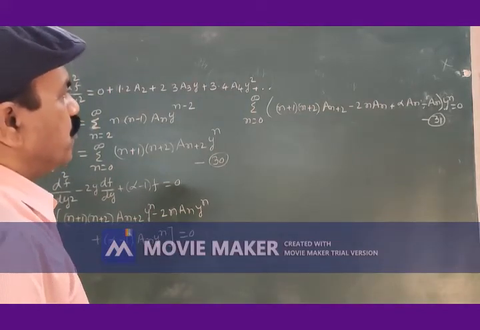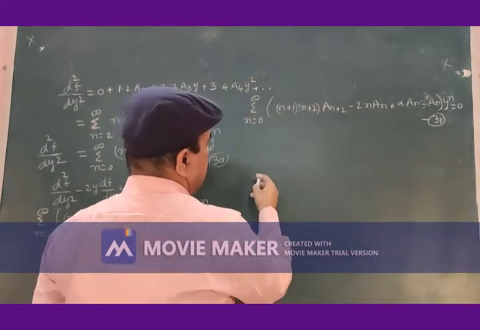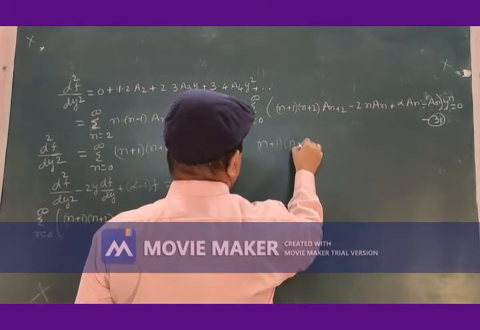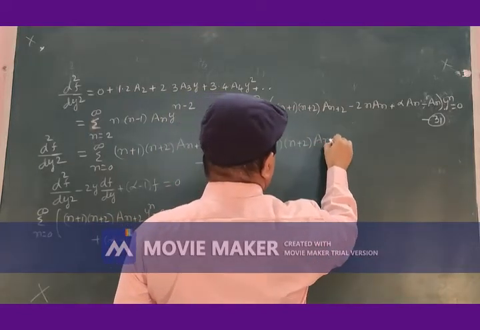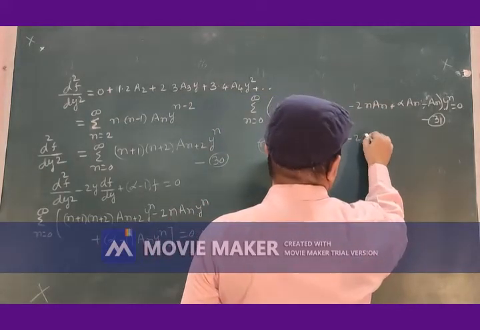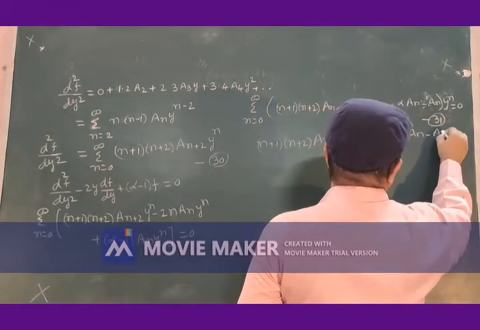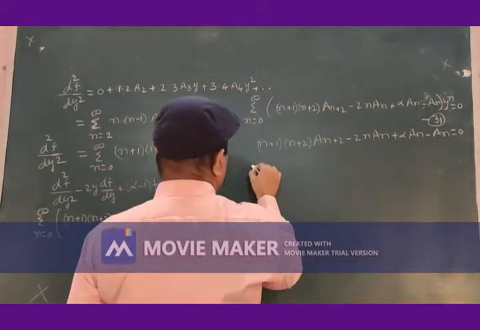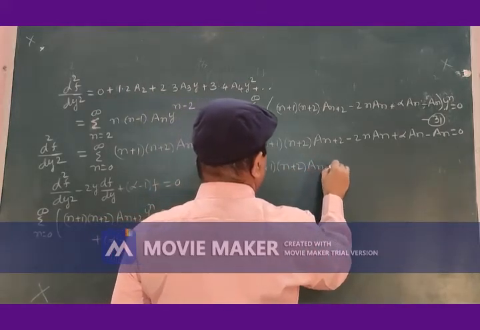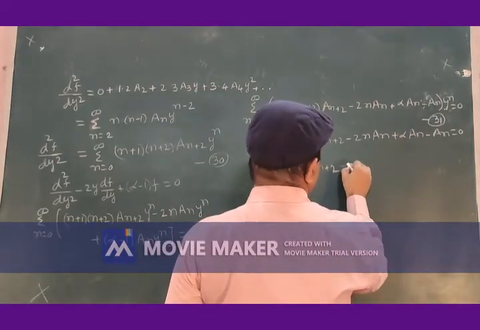So this equation is true if the whole bracket is equal to 0, and we will have this further as n plus 1 into n plus 2 into a n plus 2 minus 2n a n plus alpha a n minus a n is equal to 0. a n can be taken common from all these.